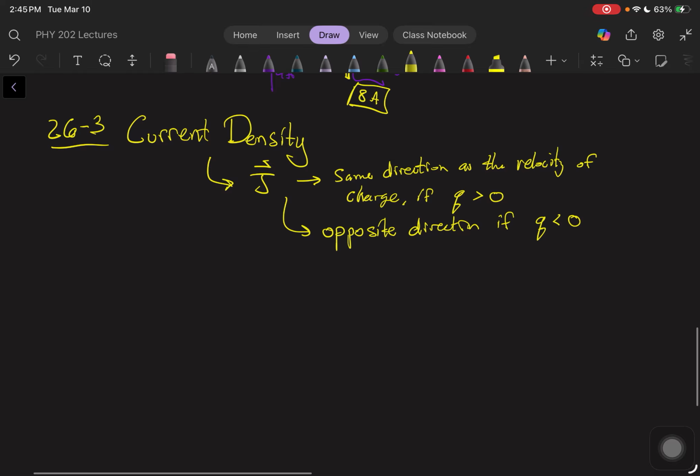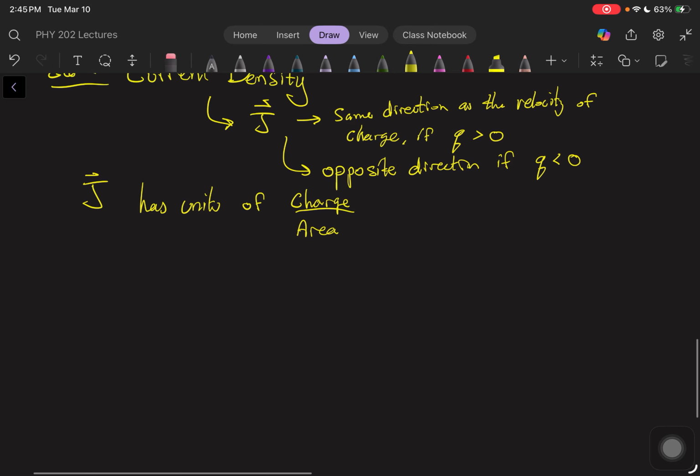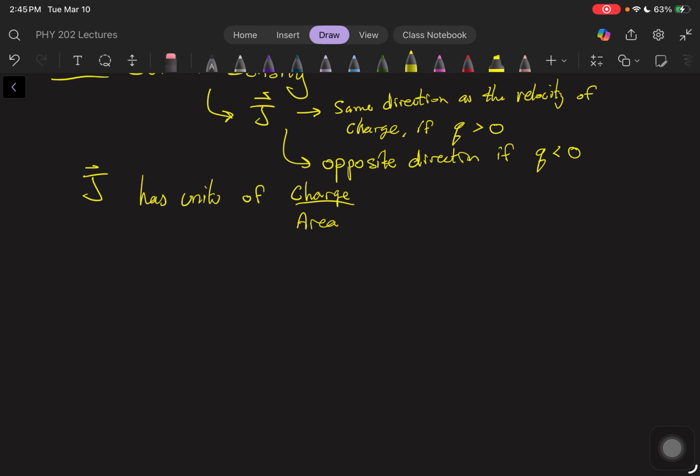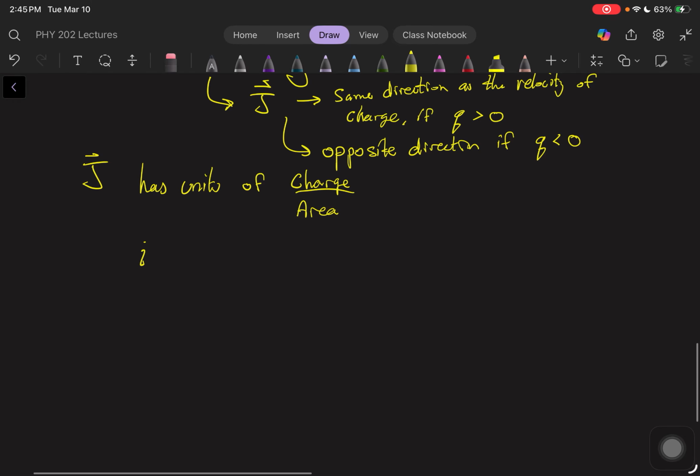And so this current density, we can say J has units of charge per area. And so we can say current is equal to J times A. But we can be a bit better. We can say it's equal to J dot dA, right?